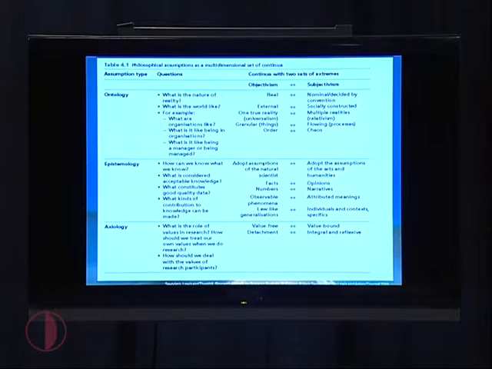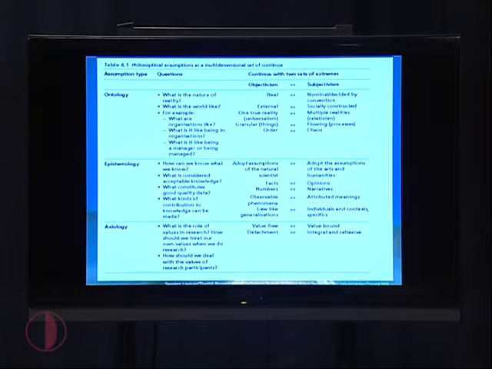So let's have a quick look at the assumption types: ontology, epistemology, and axiology. What's the nature of reality? To be objectivism, from the real, or to be decided by convention. What does the world look like from the ontology point of view?